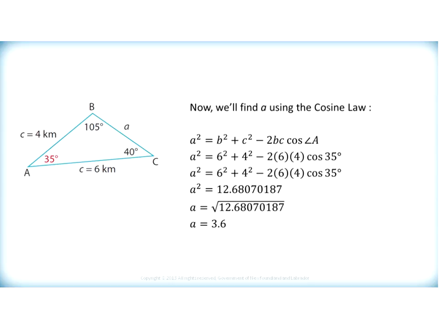Once again, using the cosine law, I got the exact same value for A. So what this tells me is that it doesn't matter when I have enough information. If I can solve for sine law or cosine law, I'm going to get the same value. And I have to determine whether I'm going to use sine law or cosine law based on the given information that I'm provided in the problem. So once again, A is 3.6.